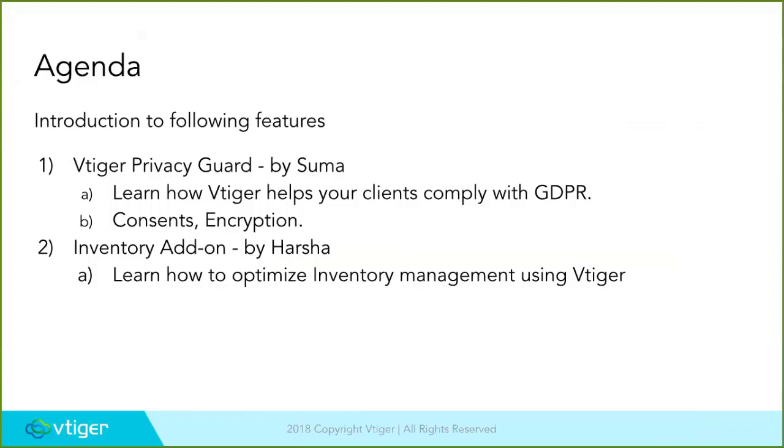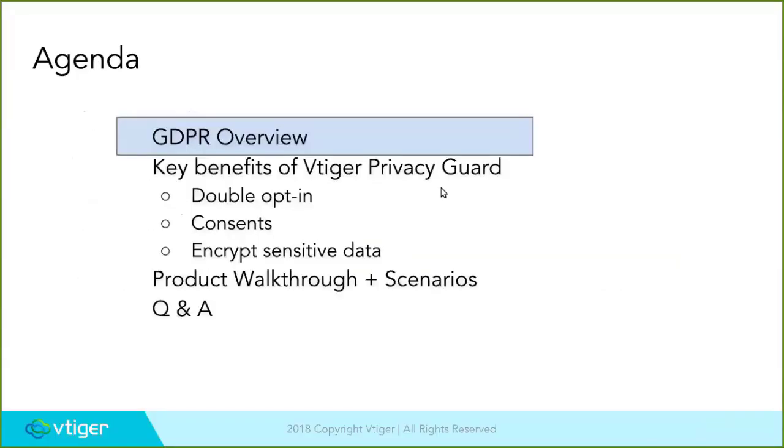Also, we will be followed with the inventory add-on introduction by Harsha. He will show you how to optimize inventory management using Vtiger. The detailed agenda includes a quick overview of GDPR, benefits of Vtiger, consents, the double opt-in mechanisms, encryption of sensitive data, all those concepts.